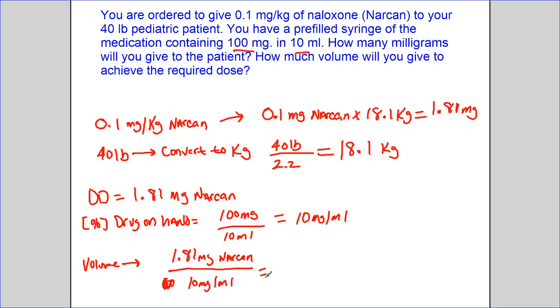Let's do the math real quick. We're going to give 0.181 mL. When you're looking at tuberculin syringes, that's what you'd want to give this with, a smaller syringe, so that you can give not quite 0.2.